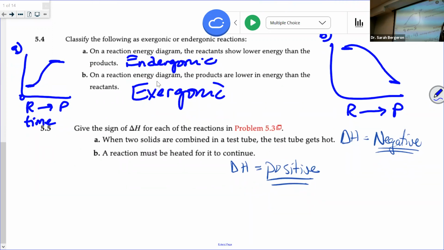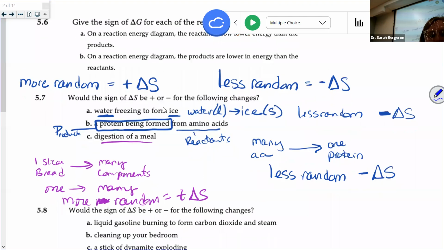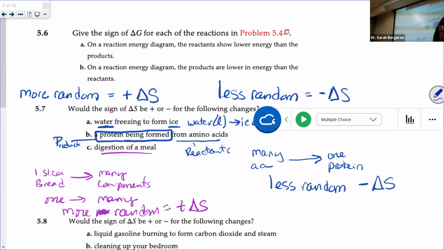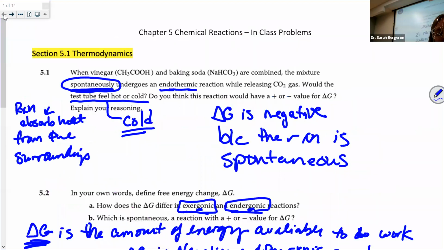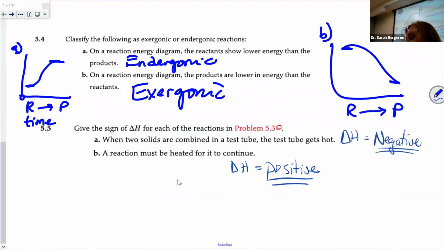Okay, let's see. We got to go to the next page. Oh, give the sign of delta G for the reactions in problem 5.4. So wait, let's go back. So we have to give the sign of delta G for 5.4. Okay, so for 5.4, this is what we just did.